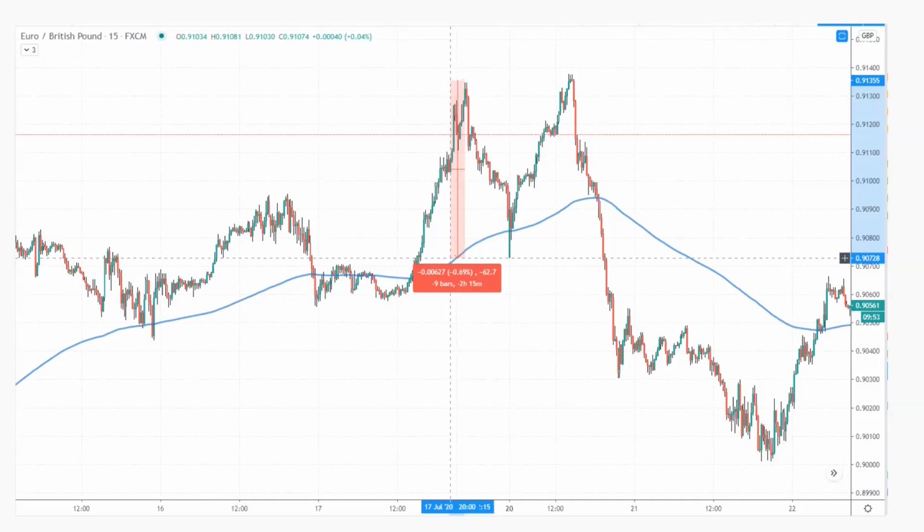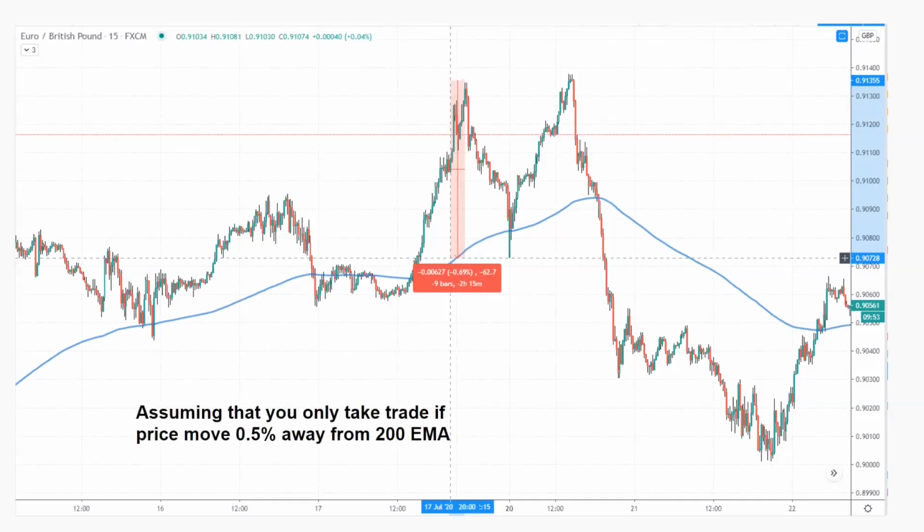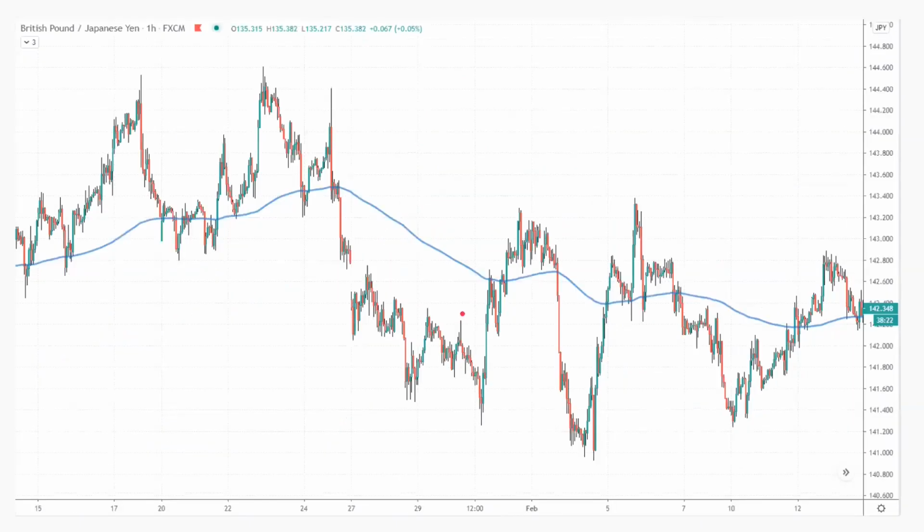Let's assume that we have a price that is moving away from the 200 EMA, and this is around 0.7% away. Subsequently, I have another example as well.